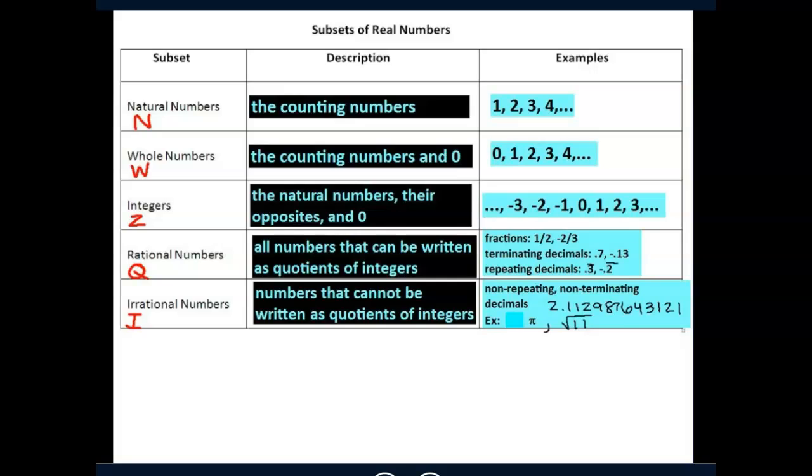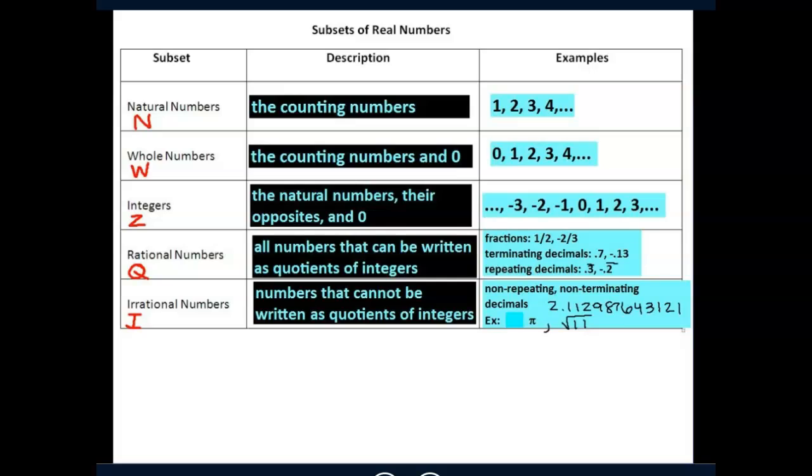The rational numbers are essentially our fractions and decimals that can be written as fractions and decimals. So we have decimals that cannot be written as a fraction. That would make them irrational.